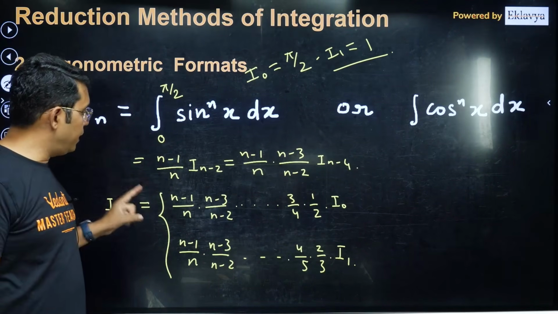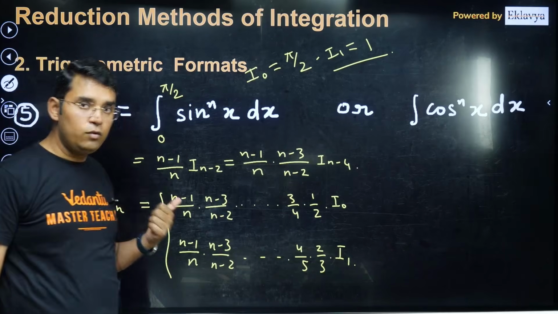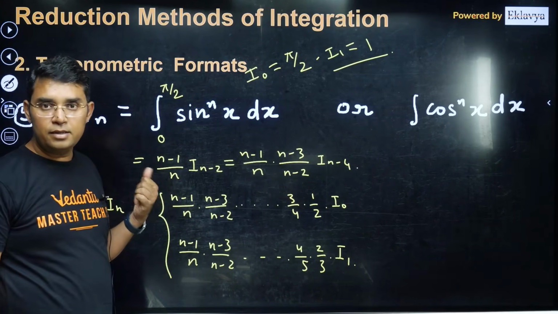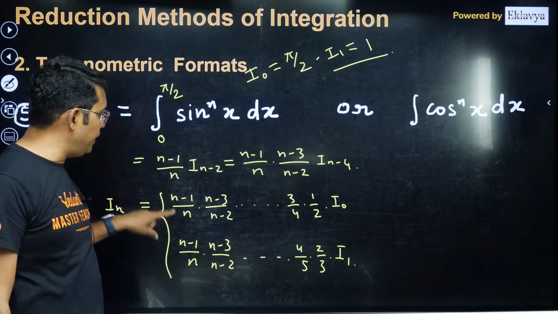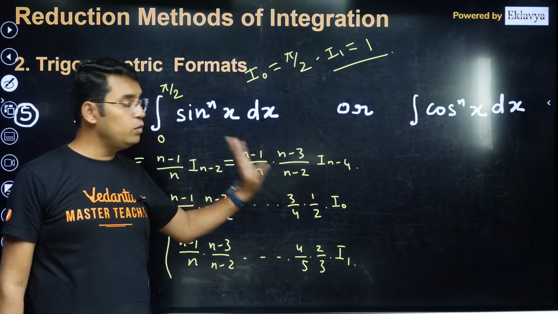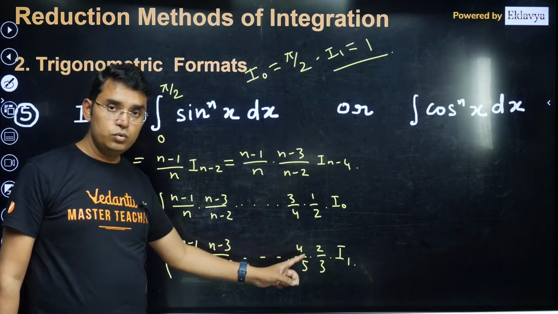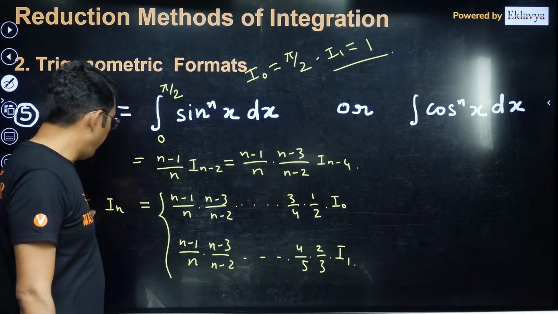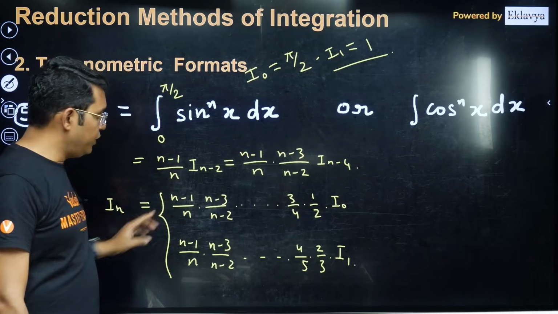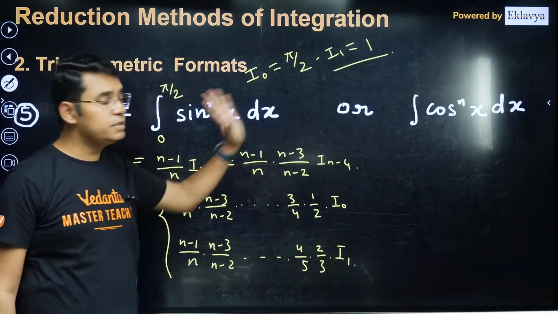So this is how this can be written directly, and that is one very important result I will ask you to remember. Dear all, I tell you one idea, you may follow it. The numbers are written in reverse: n minus 1, n minus 2, n minus 3, n minus 4, and so on till you reach either 1 or 2. If you reach 1, then there will be I naught, which is equal to pi by 2, or if it is 2, then it will be I1, which is nothing but 1.